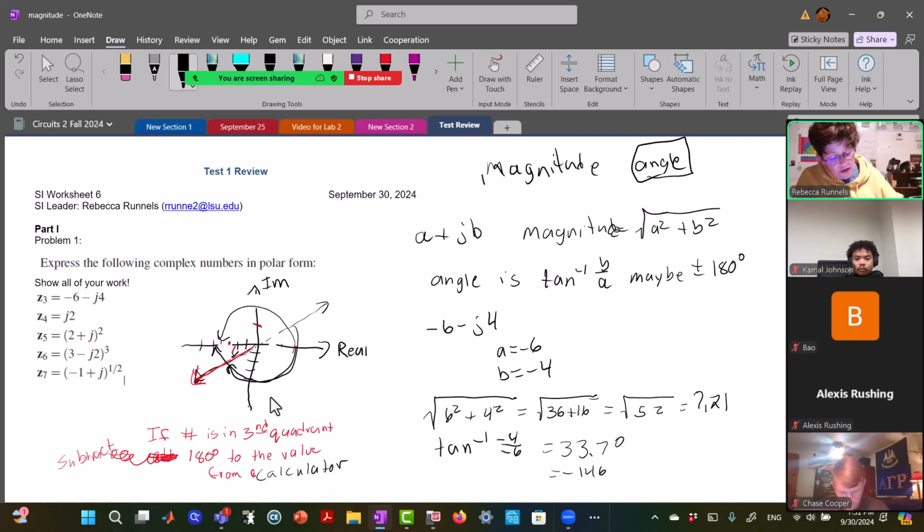And so my answer to this problem is 7.21 angle negative 146 degrees. Okay, questions on that?